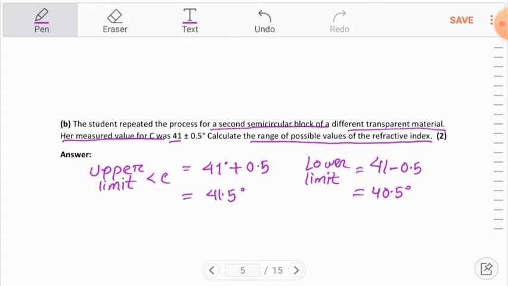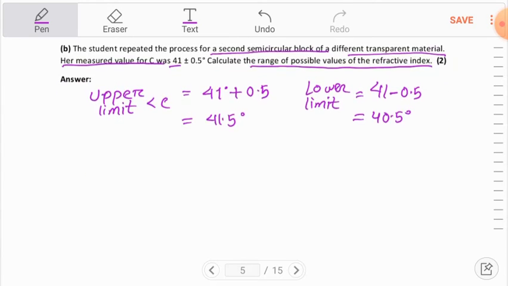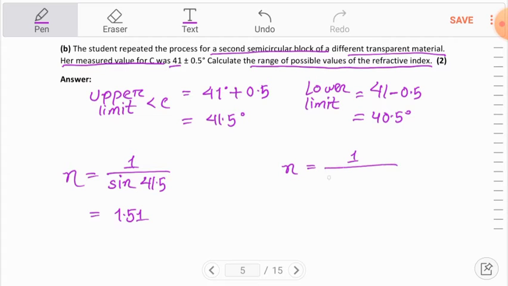Refractive index equals 1 over sine critical angle. So here n is equal to 1 over sine 41.5 degrees for the upper limit, and if you calculate it, you get a value of 1.51. And here it will be 1 over sine 40.5 degrees, and it will be 1.54.